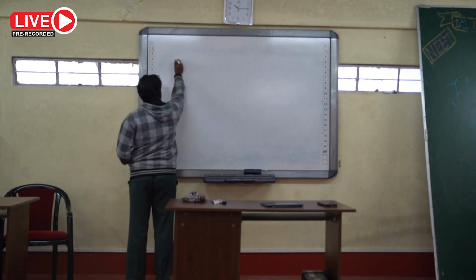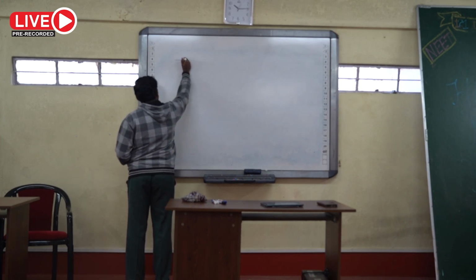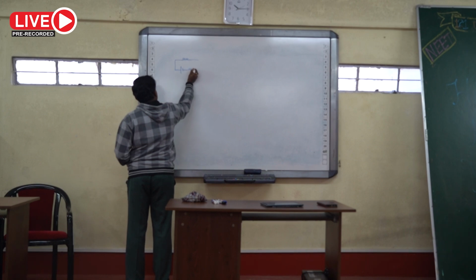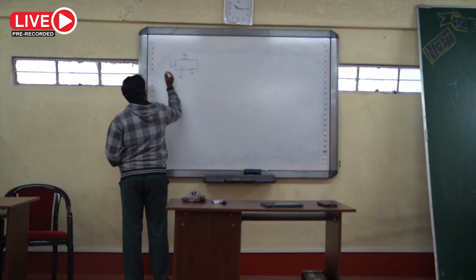See, in the first case, R1, internal resistance small r, EMF E. Let the current flowing be I1.